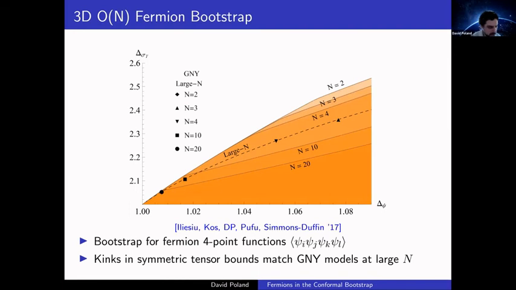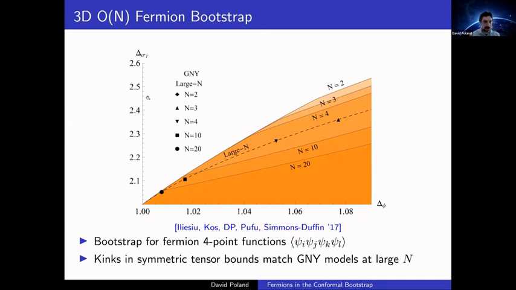Okay, so what can we say using the bootstrap? I'll show you a few older results, and then I'll show you some brand new, hot off the press results. Here's a bound which we can compute using the bootstrap, applied to 4-point functions of the fermion psi i. For each value of n, we can place a bound on the leading 2-index tensor operator, sigma t.